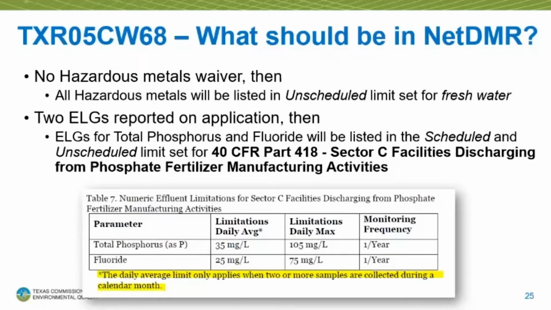Since we don't know when that's going to happen, we have to have it in the system as unscheduled so that whenever it does happen, you can go there and report it, and you're not going to be flagged every time a year goes by that you haven't reported a daily average. So in this case, they're going to appear in both. The daily average will go in the unscheduled limit set, and the daily max will go in the scheduled limit set.